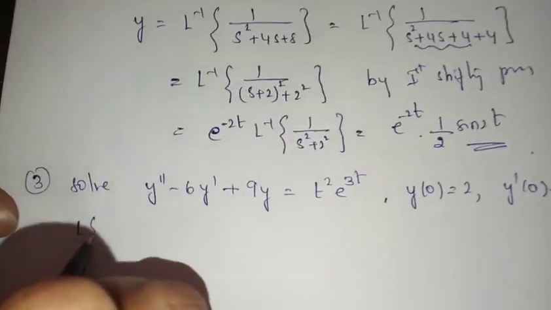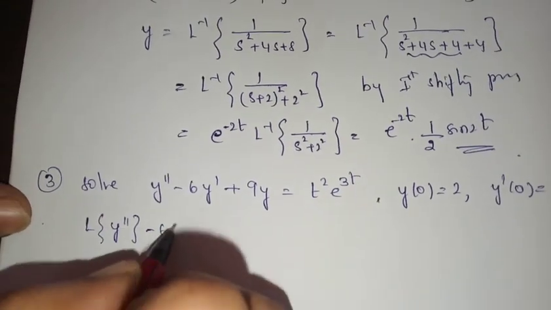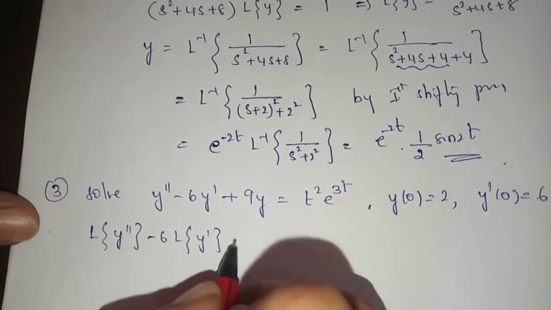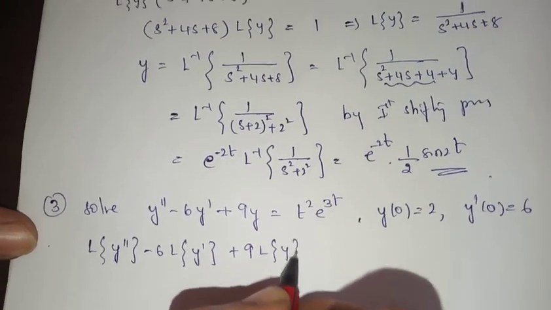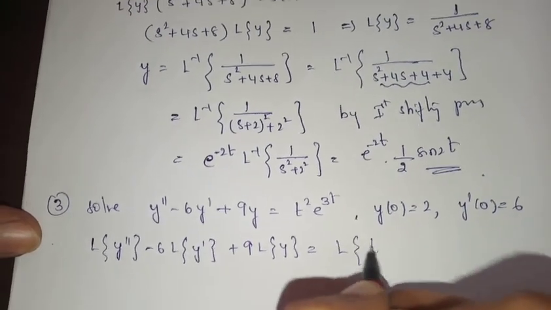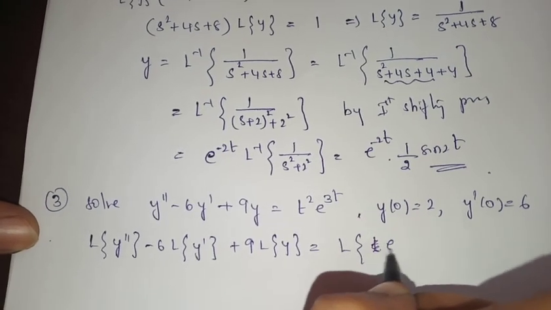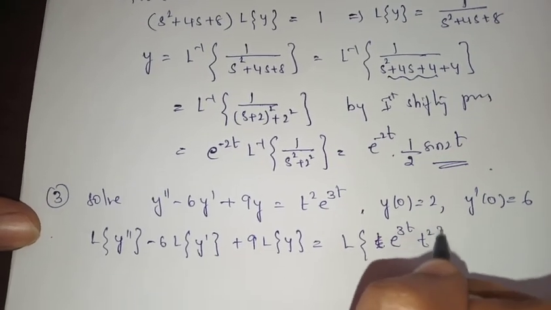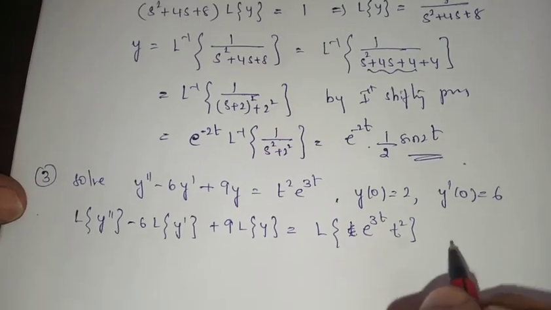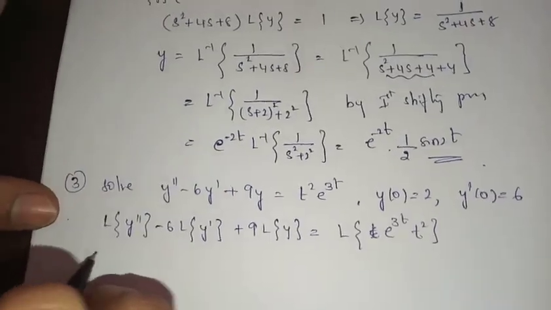So Laplace transform of y'' - 6 into Laplace transform of y' + 9 into Laplace transform of y equal to Laplace transform of, you can write this as e^(3t) into t². Using the first shifting property here. Okay, first write down this value.